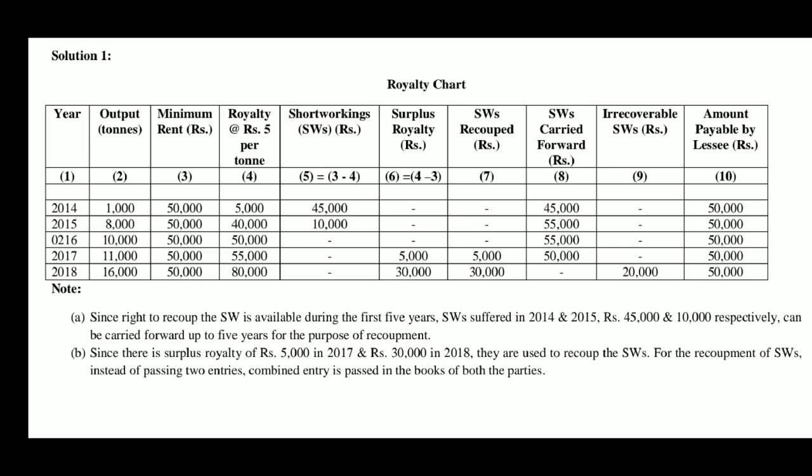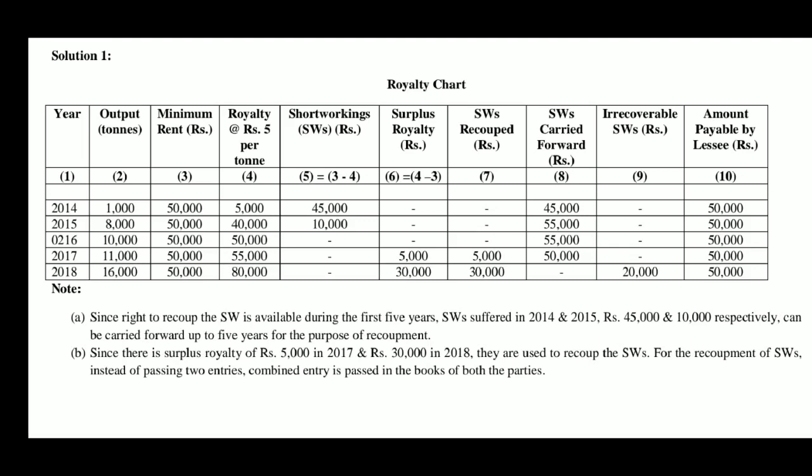When we see the journal entries, it can be easily understood. See the working note number A. Since right to recoup the short workings is available during the first 5 years, short workings suffered in 2014 and 15, rupees 45,000 and 10,000 respectively, can be carried forward up to 5 years for the purpose of recoupment.